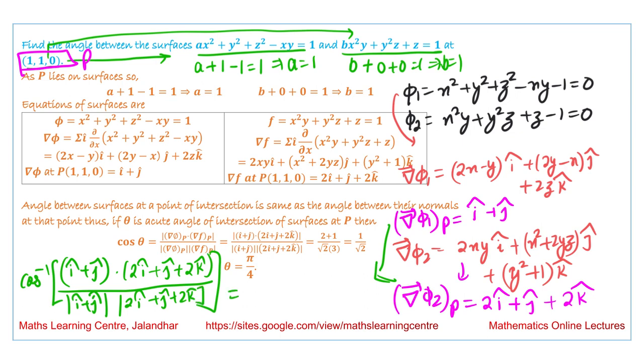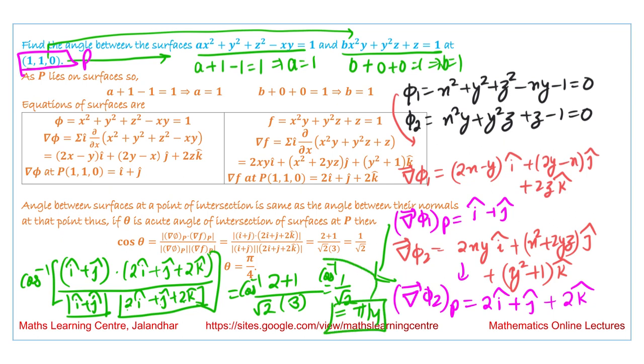So we get 2 plus 1 divided by the modulus of this value, which is square root 2, and the modulus of this value, 4 plus 4, 8 plus 1, 9, is 3. So the answer we get is 1 by root 2. This is cos inverse of this, and the answer we obtain is pi by 4. So the angle between these two surfaces is pi by 4.